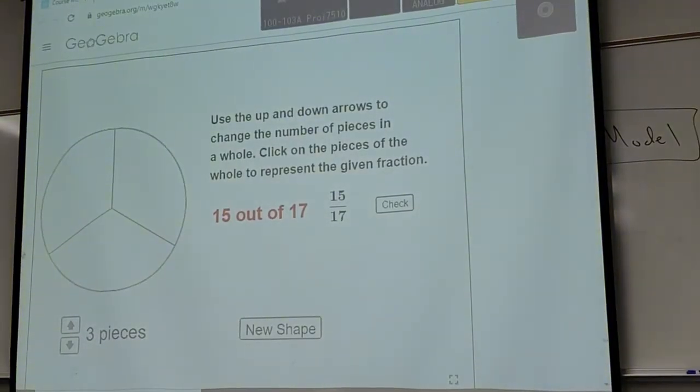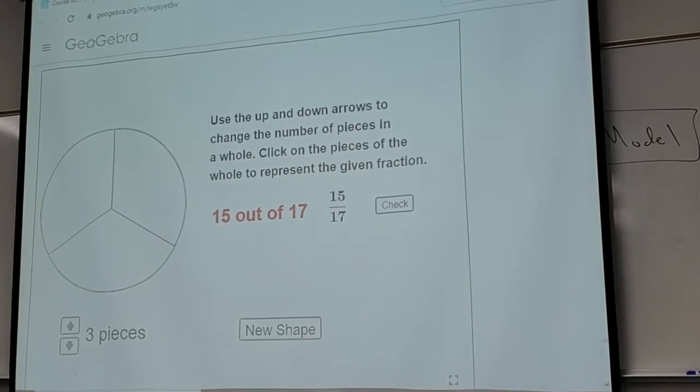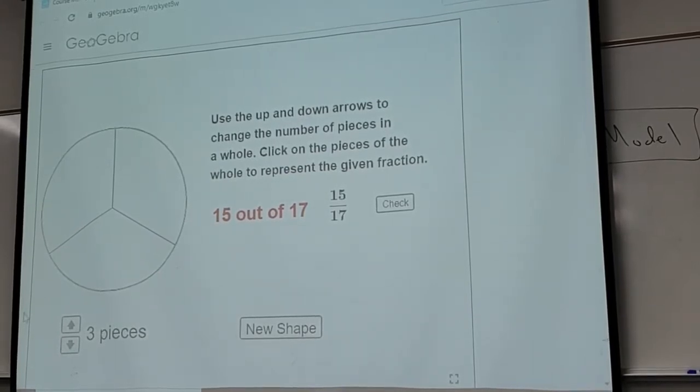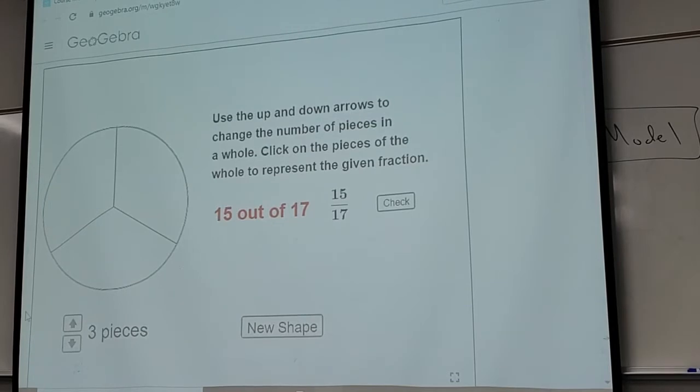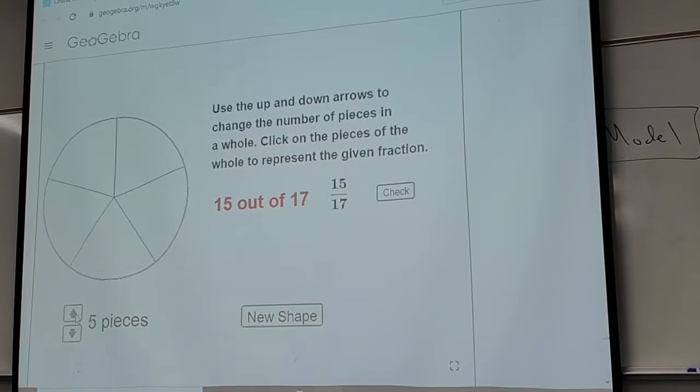There we go. You can imagine this being a decent little exercise for a student first learning this. So it wants me to represent this fraction in this picture. Can I currently do it the way the picture is? Not very well, right? So of course I can pick how many pieces to subdivide this region into.